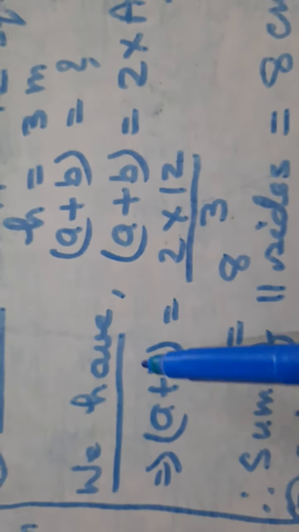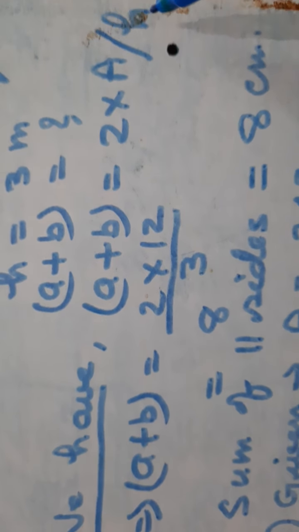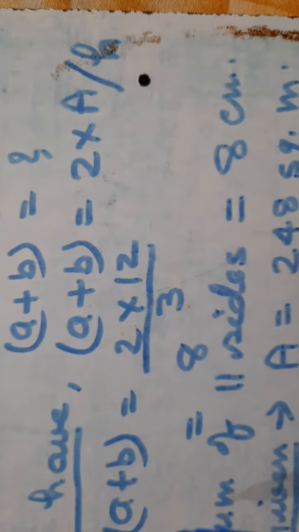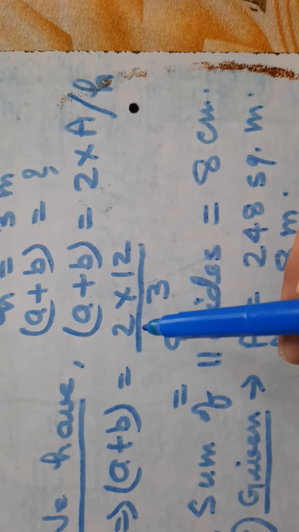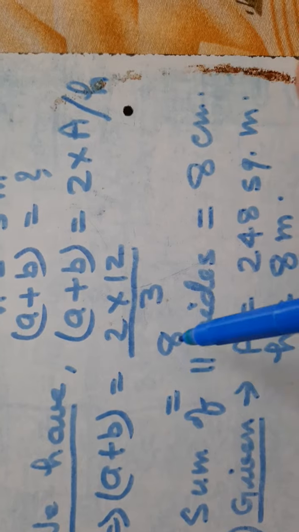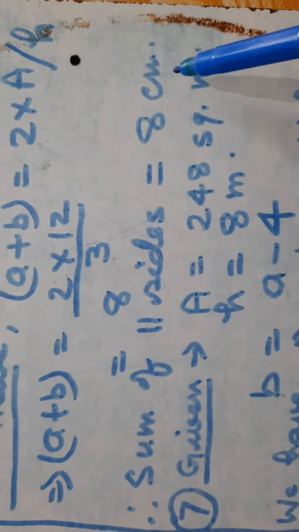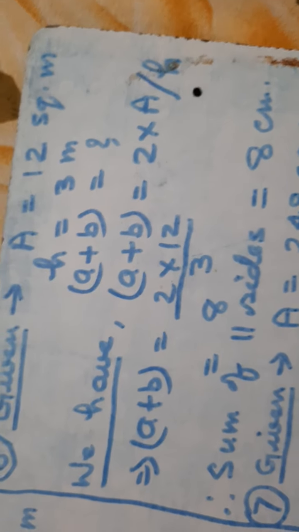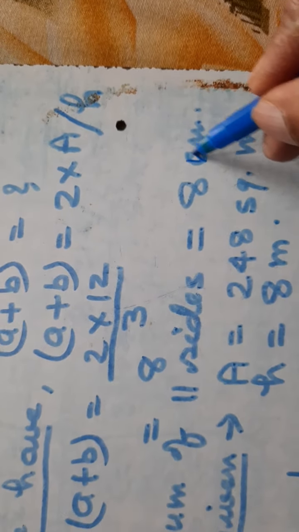So we have a plus b is equal to 2 into A by h, or a plus b is equal to 2 into 12 by 3, that is equal to 8. Hence, the sum of parallel sides is equal to 8 meter, not centimeter.